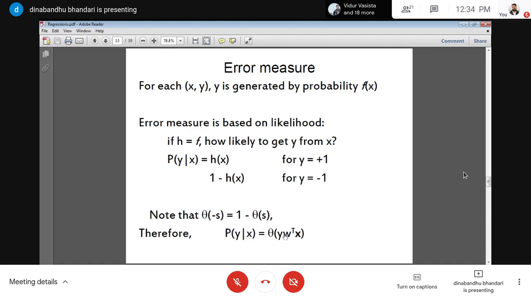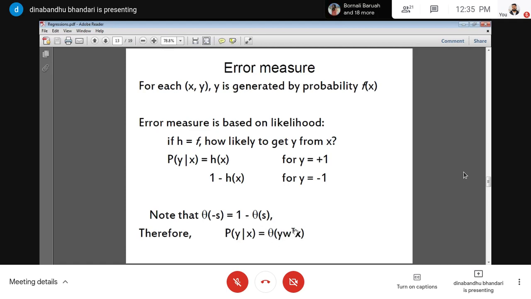If y equal to +1, it is theta of w transpose x, no problem. Now, when y equal to -1, your function becomes 1 minus hx, which is nothing but h of minus x. And here you multiply, theta of minus w transpose x means 1 minus theta of w transpose x.